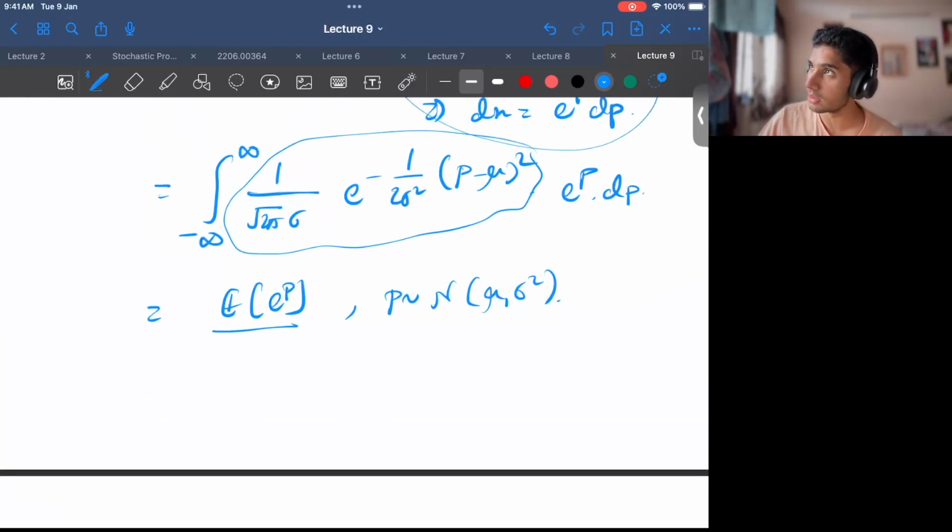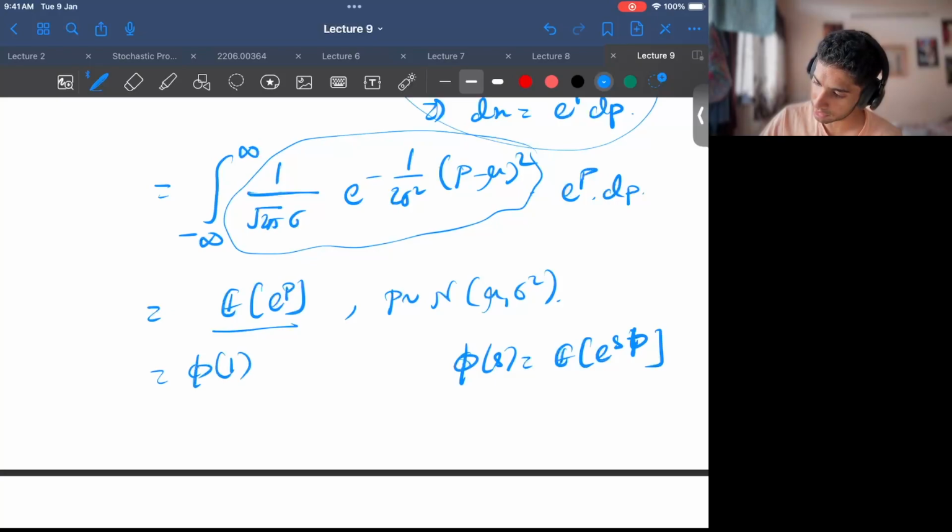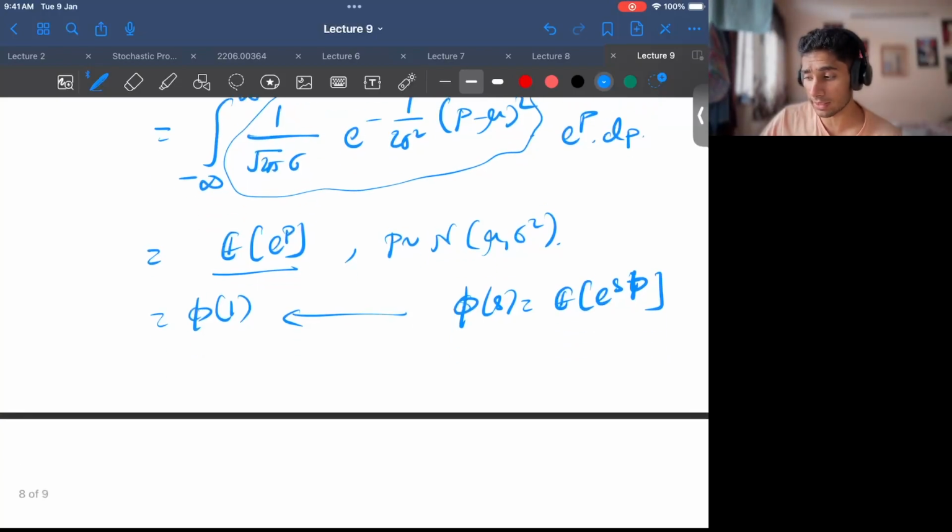So phi of s was given to be the expected value of e raised to s t. And this is just equal to phi of 1, because s is 1 here. And we know the characteristic function of a normal random variable.